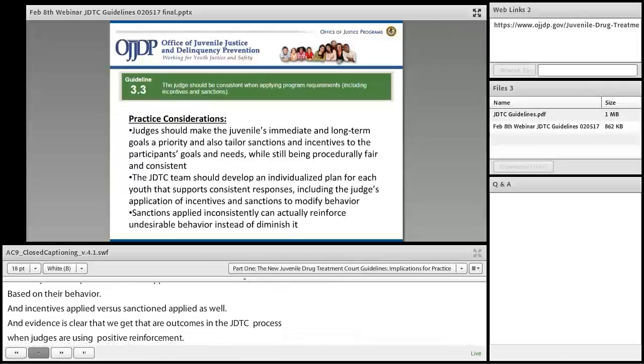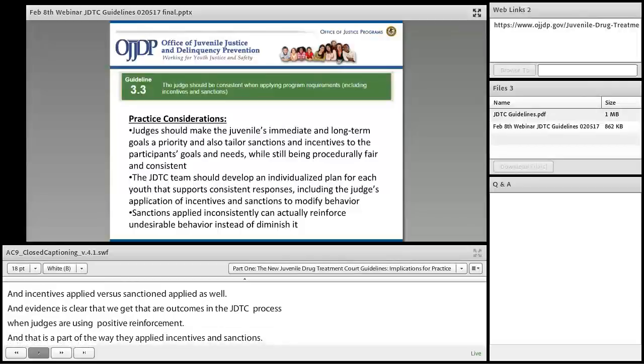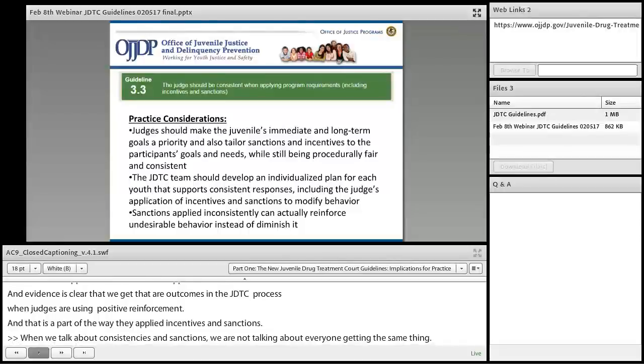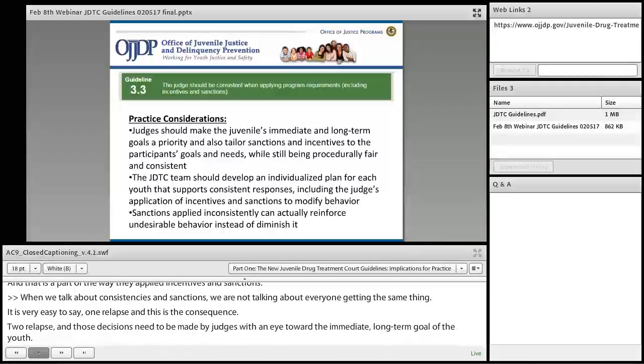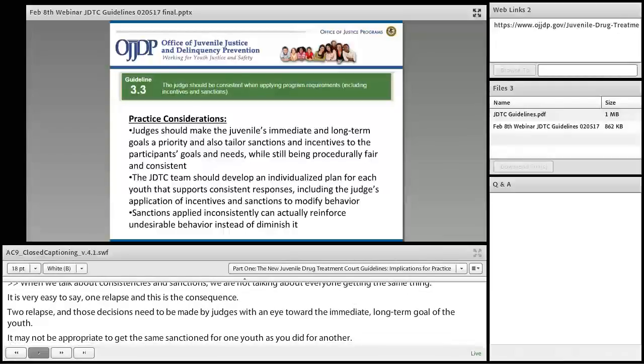So when we talk about consistency and sanctions, as Roger said, we're not talking about everybody getting the same thing, because it's very easy to say one relapse and this is the consequence, two relapses, this is the consequence, when those decisions really need to be made by judges with an eye toward the immediate and long-term goals of the youth. So it may not be appropriate to give the same sanction to one youth as you did to another, depending on what the goals are immediately, midterm, and long-term for those kids.